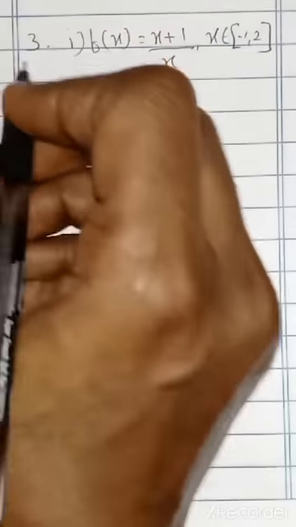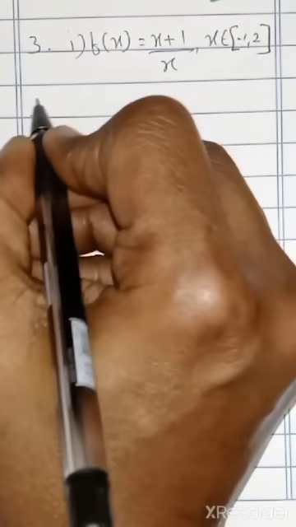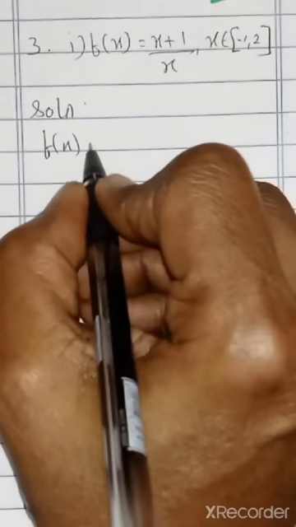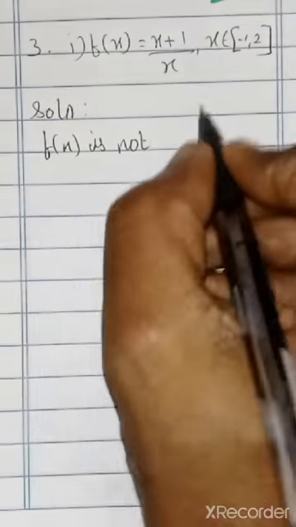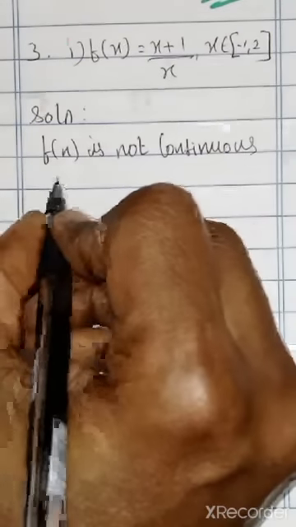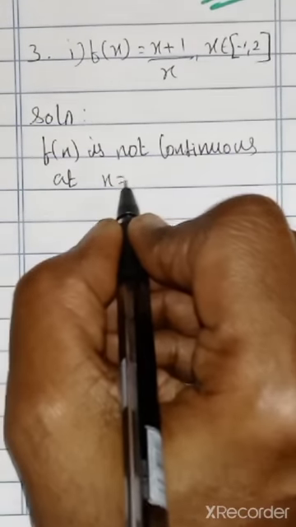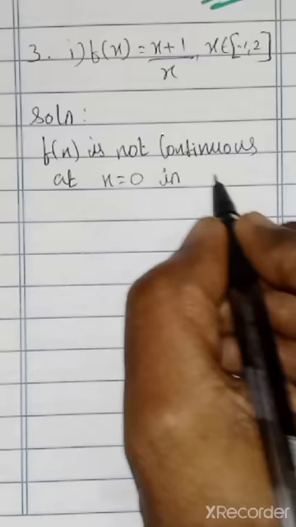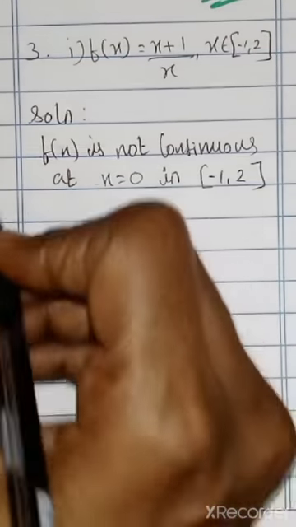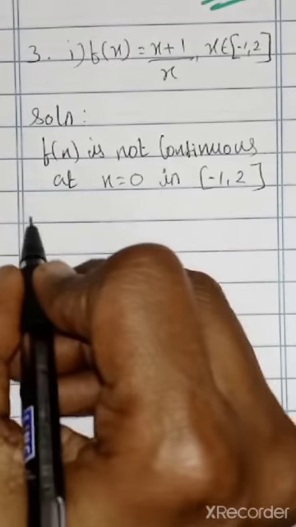So your solution is: f of x is not continuous at x equal to 0 in minus 1 comma 2. That's all.